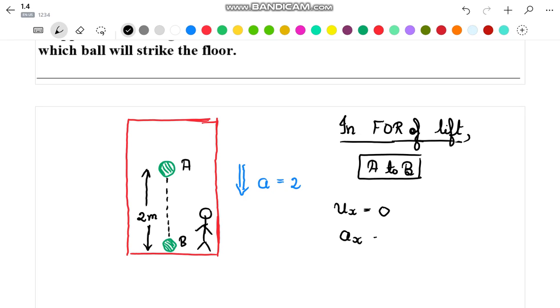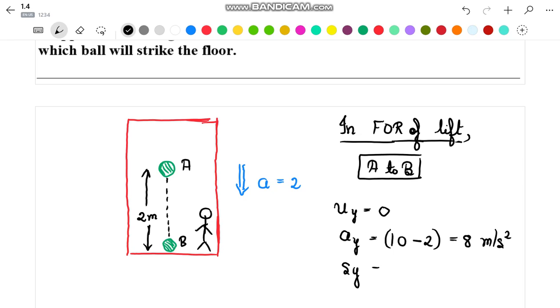Relative acceleration will be equal to, I have to write this as uy. Initial acceleration or relative acceleration along y direction will be equal to 10 minus 2, that is 8 meter per second square. I have used the concept of relative acceleration, which is equal to a1 minus a2.